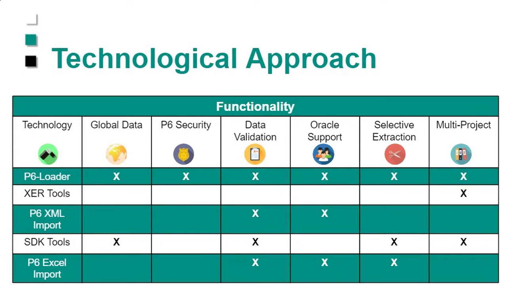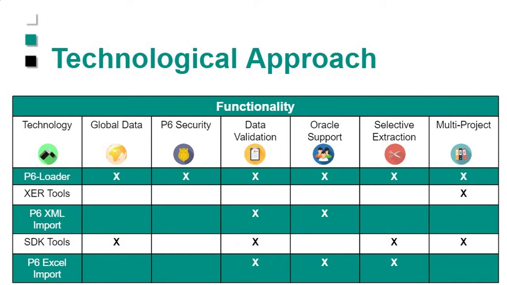There's no data validation. Then when P6 would start up and try to read the activity code dictionary, it would come across this value it didn't know what to do with, and it would crash. So it took us probably a full day to figure that out and fix it. So be very careful with Xcr tools. And if you do screw up your database using an Xcr, Oracle will not support you on that.